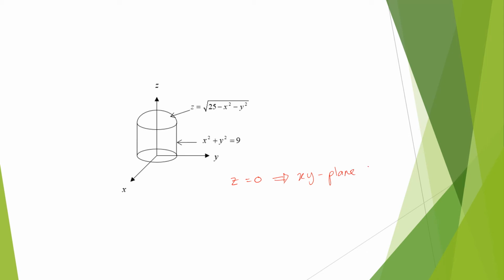So in this case we have this, z equals 0. So this is our solid G.